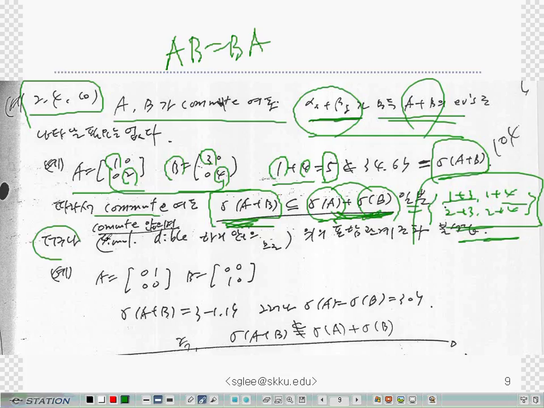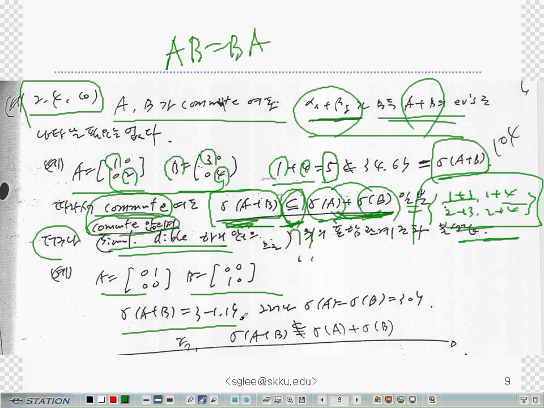But if the matrices do not commute, then they are not simultaneously diagonalizable. So we cannot even say this inclusion. If they do not commute, this may not be true. This is only true for matrices that commute. Here's an example. A and B are two 2 by 2 matrices, but they do not commute.